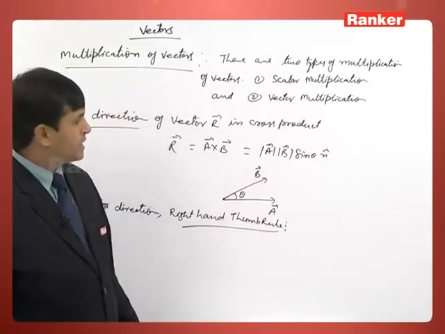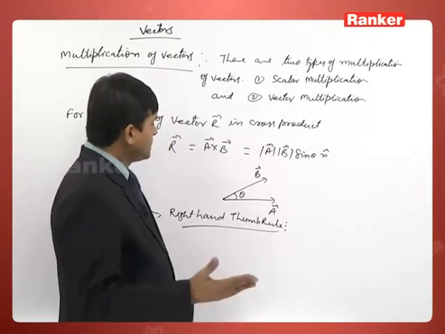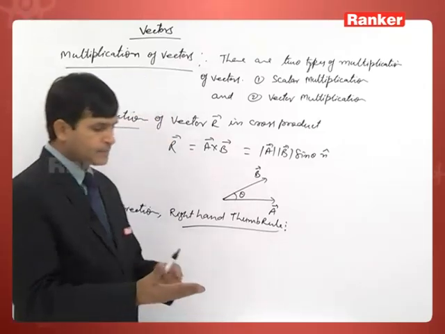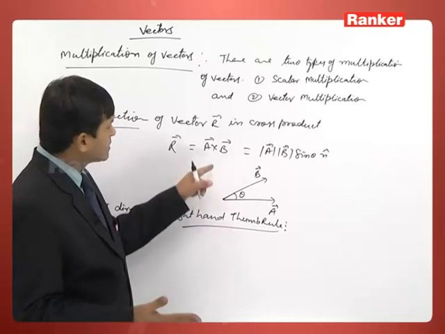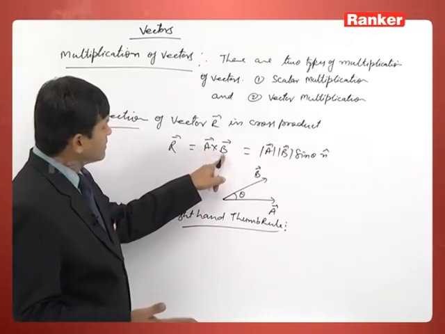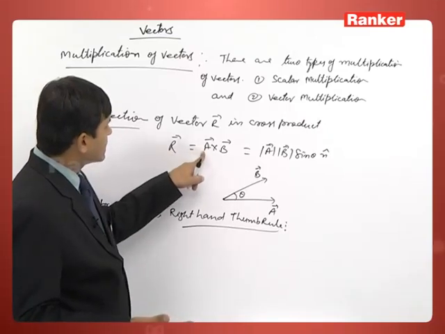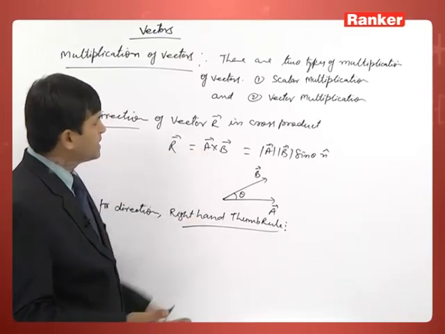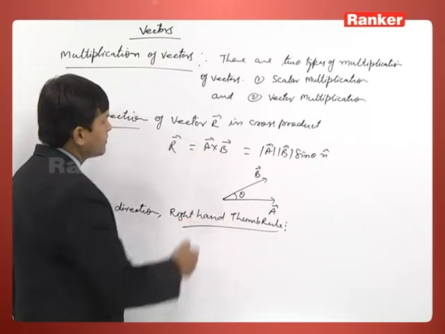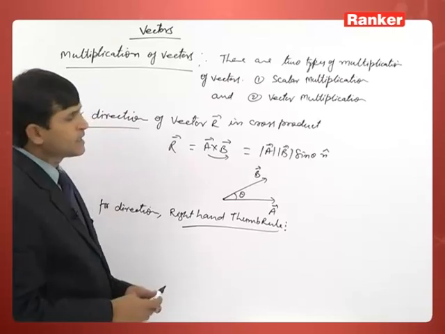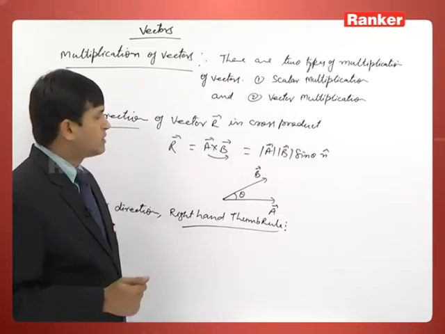So, what is that rule here? Stretch your right hand fingers and thumb in such a manner that the fingers are moving from vector A to B. As we are finding r equal to A cross B, the fingers are moving from A to B. Then the thumb gives the direction of vector r.